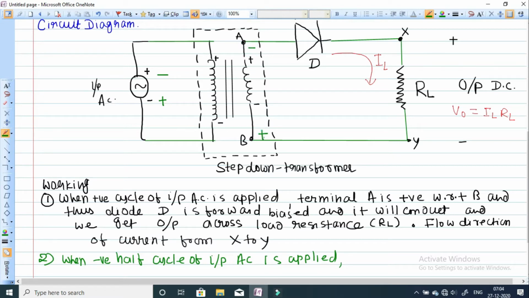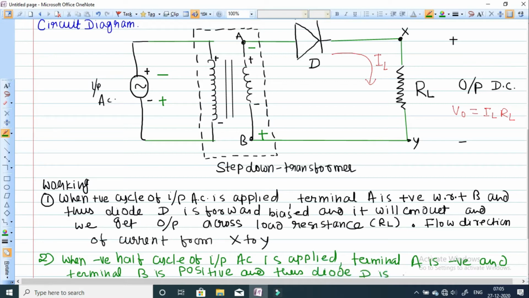If the negative half cycle of input AC is applied, then terminal A is negative and terminal B is positive, and thus diode D is reverse biased.